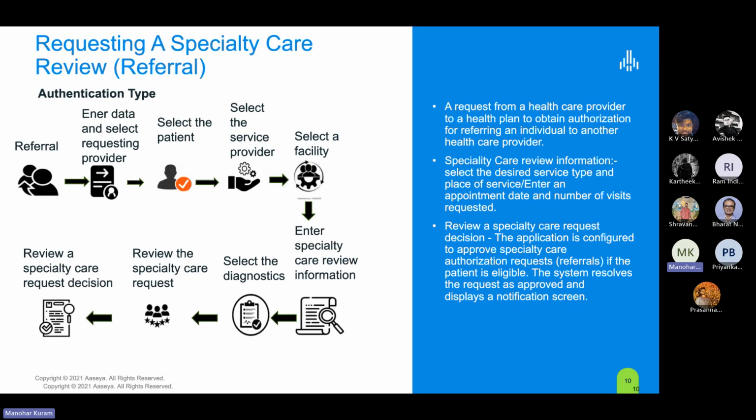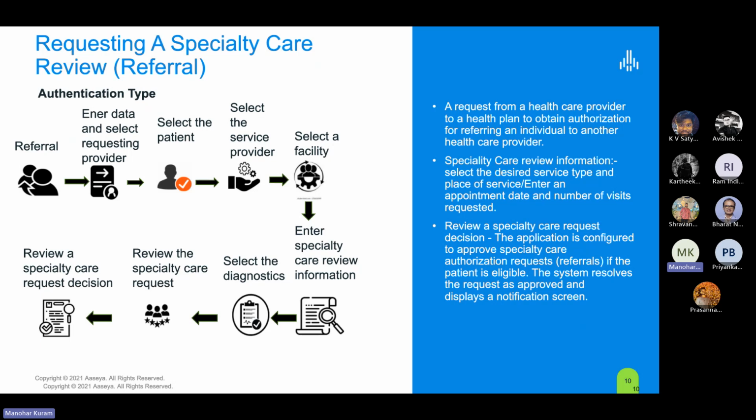Now, let me walk you through the referral authentication type. What is referral? A request from a healthcare provider to a health plan to obtain authorization for referring an individual to another healthcare provider. Now, specialty care review information.